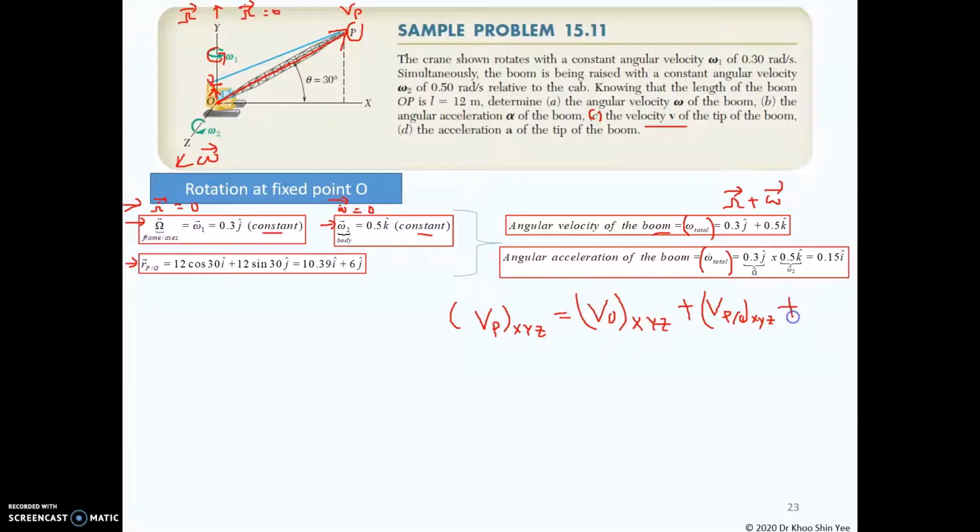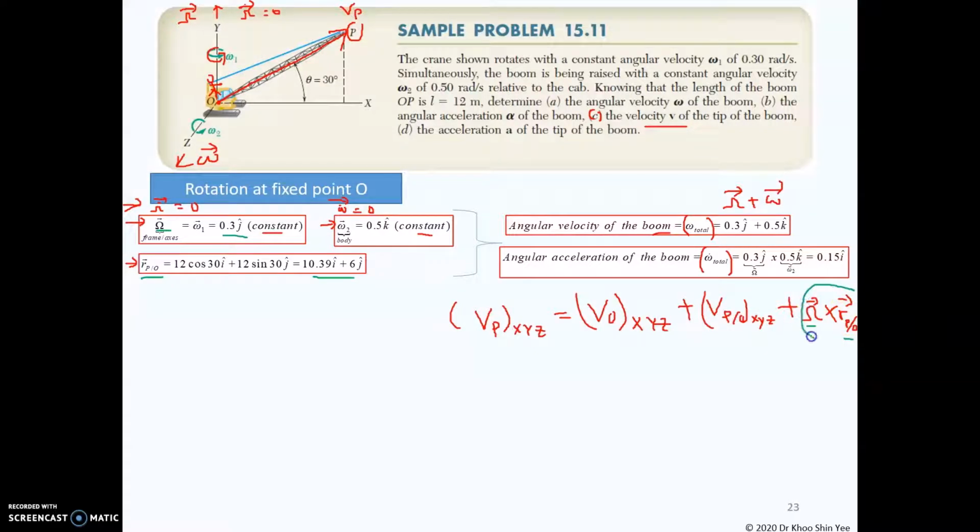Lastly, you have the velocity due to the rotating frame, which is equal to the Ω crossed with the radius from P with respect to O. So you have the Ω equal to 0.3 here, and you have the Rp/O equal to this value. So substitute inside, you should be able to obtain the velocity due to the rotating frame effect.